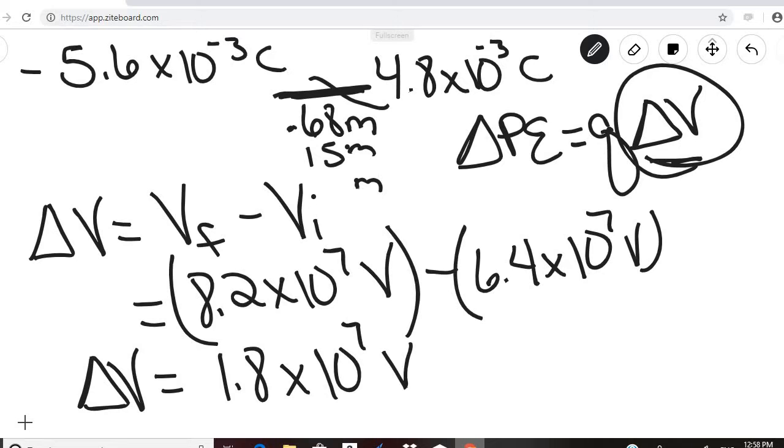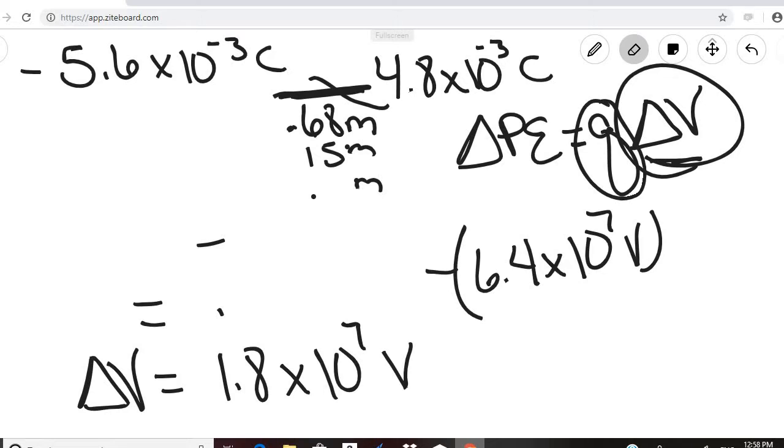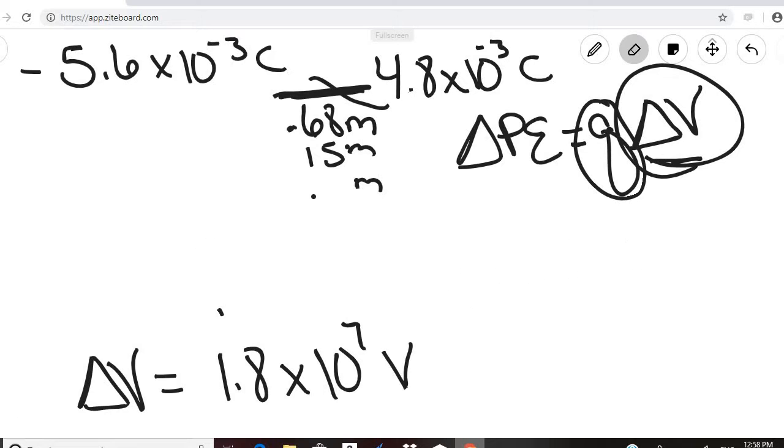Now all we have to do is take that value and plug in the lowercase q, which is the charge of the moving charge.